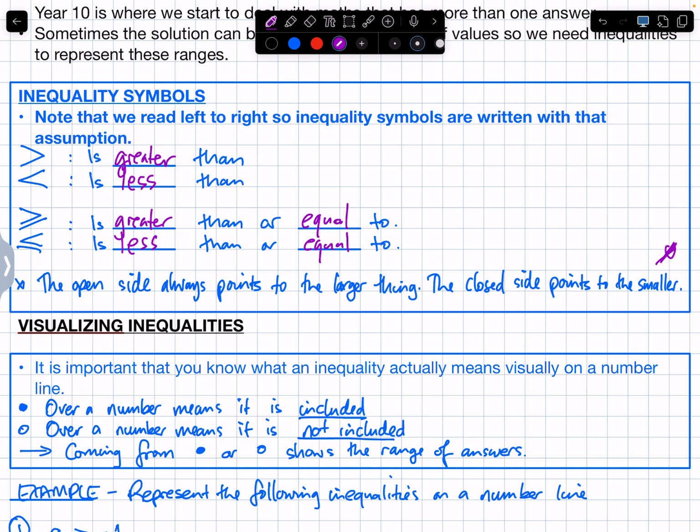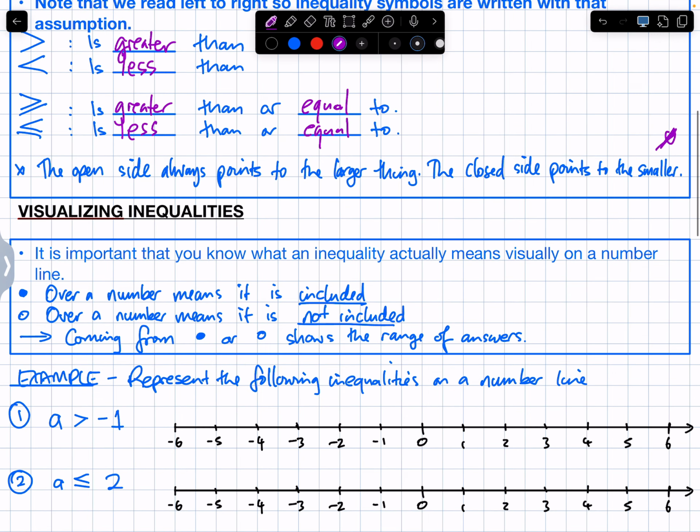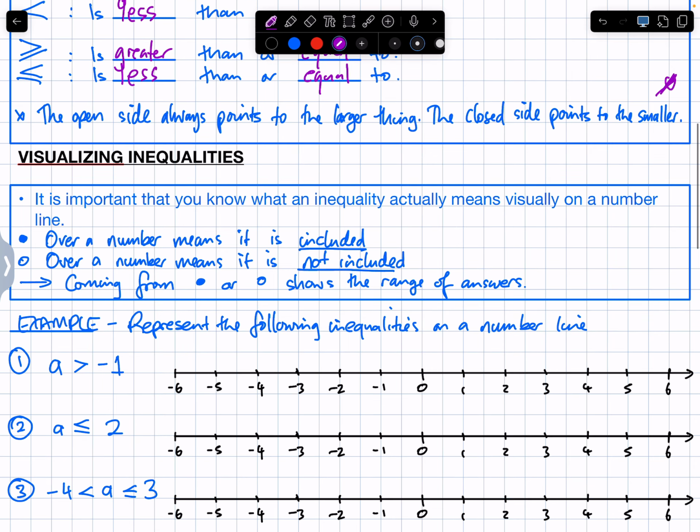So I believe there's 4 marks in the test on this. It's not anytime soon, it's in a few weeks. There's 4 marks assigned to you visualizing or drawing a picture of what the inequalities mean.